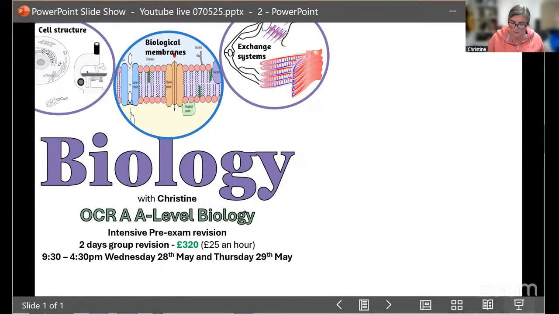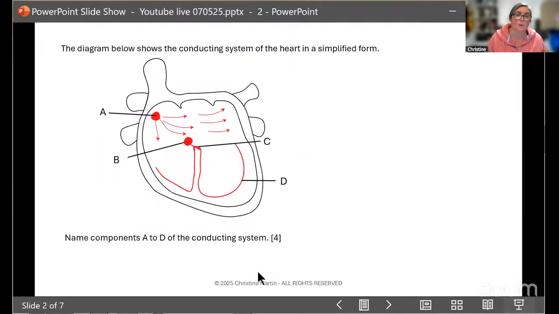I believe they're going to bring in those different sections. So if I just rub out my answers, if you were to look at, for example, a diagram that looks like this.